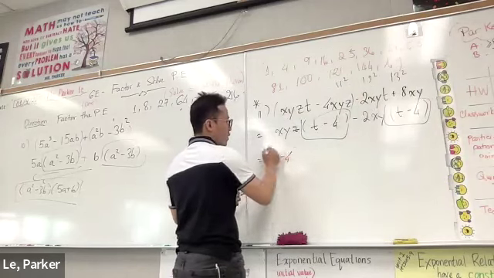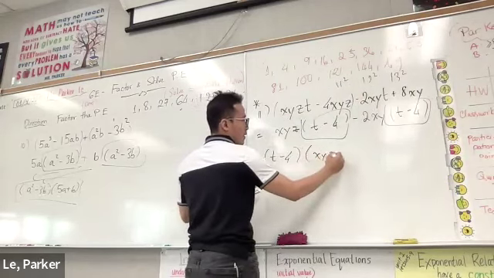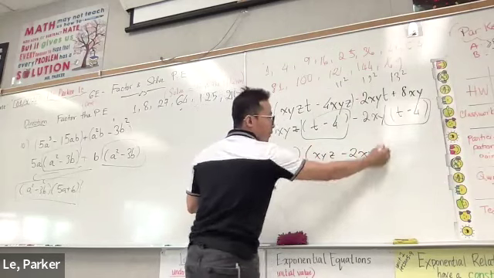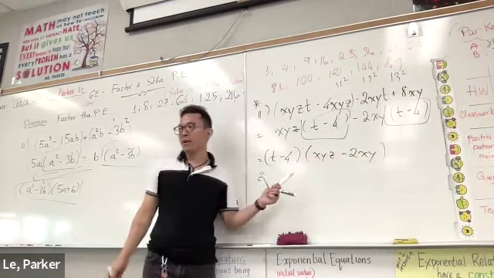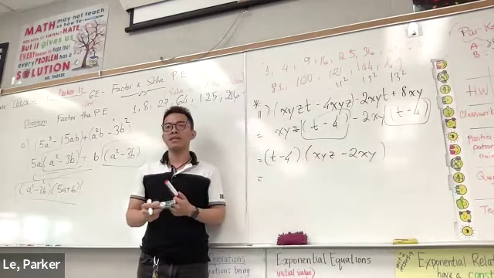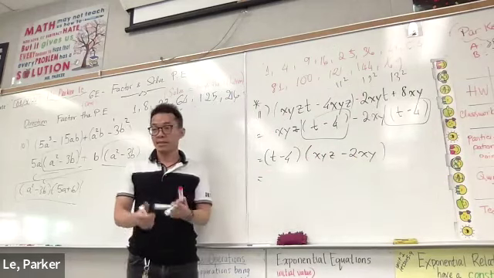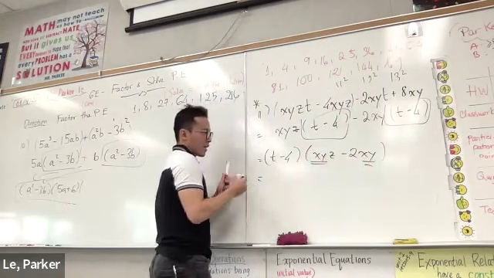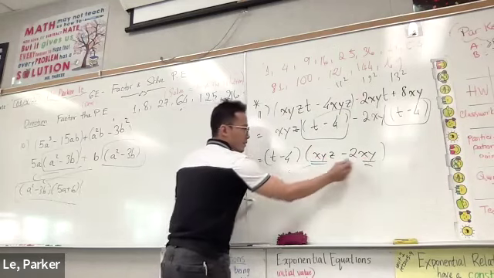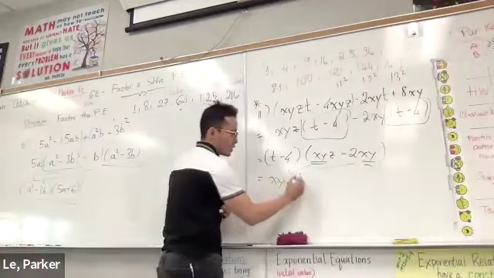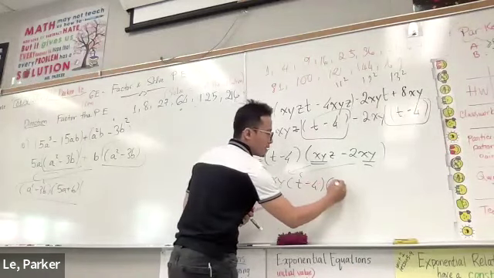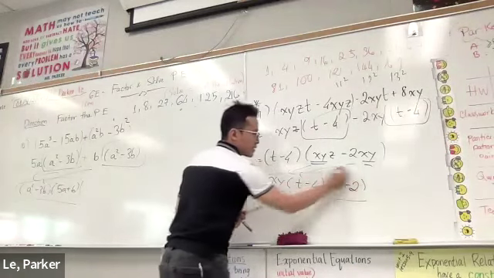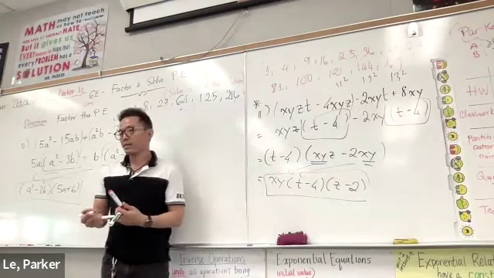T minus 4, parentheses XYZ minus 2. Right. A lot of you stop right here, but another GCD is the XY. The XY is also the same here. So you can factor out the XY. So T minus 4 and then Z minus 2. That's the complete answer. 1 point for that.